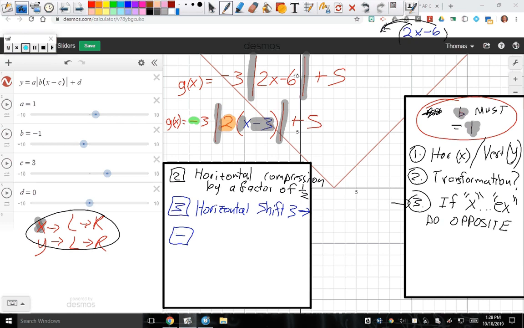To be with the x, guys, again, just to make sure you know, to be with the x means to be inside the original absolute value sign. This is outside. Okay? So it'll be a vertical what? Not a stretch, not a compression, a reflection. So negative are just reflections. So it's a vertical reflection, or you could just say reflects across what? Yes, nice, the x-axis.